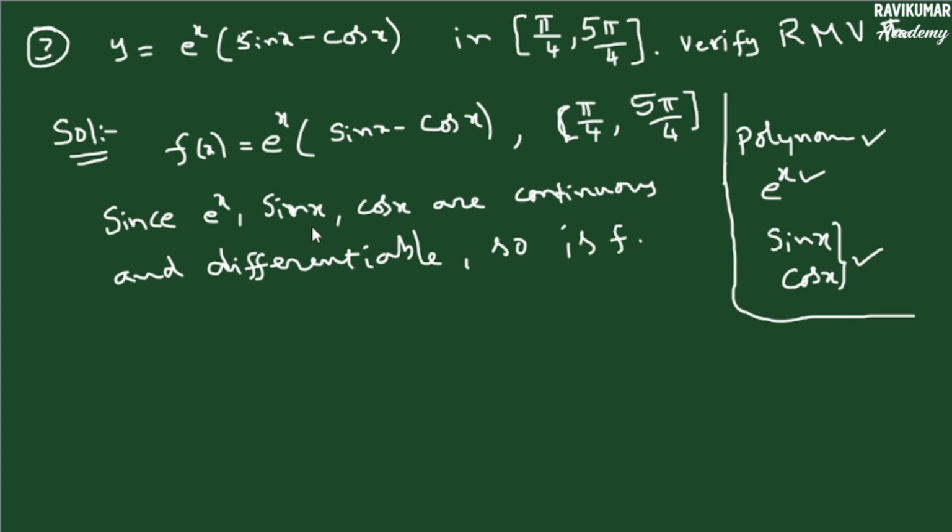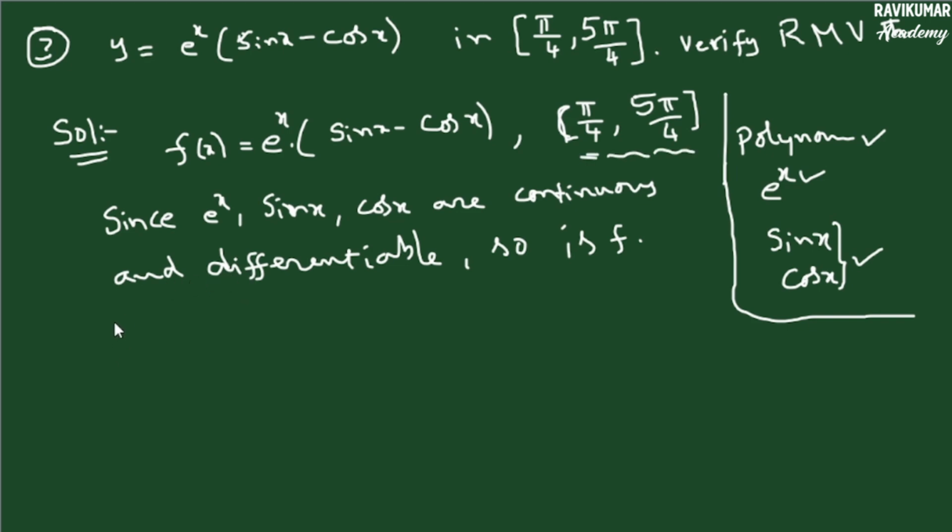Therefore, the given function f, a combination of exponential, sine, and cosine, is also continuous and differentiable, because the product of two continuous functions is continuous, and the sum and difference of two continuous functions is also continuous, right? Same for differentiability. So the first two conditions are satisfied.